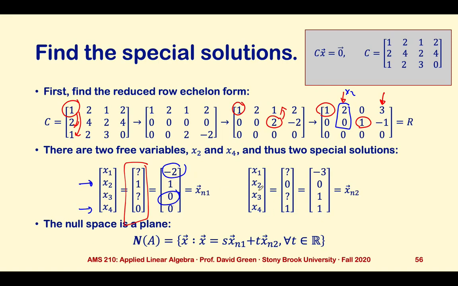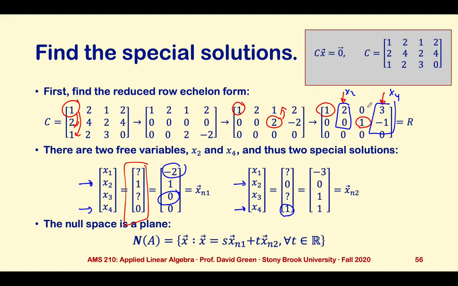For our second special solution, we again take a look at our 2 free variables. We set the other one to 1, in this case x4, and then x2 to 0. And then once again, take a look at the x4 column to fill in the pivots.